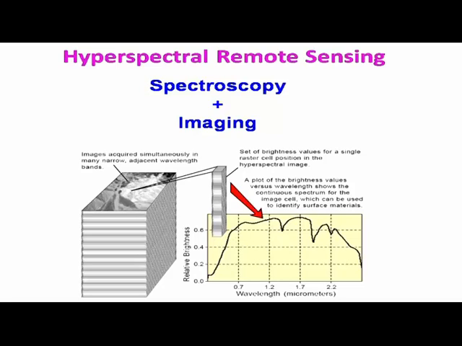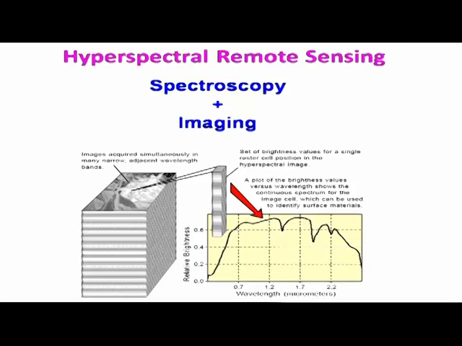So here you have the advantage: you know these absorption features and why these absorptions are there. Based on that you can classify, and you can understand the characteristics of the material. This spectra part comes under hyperspectral spectroscopy, and the other is imaging, spectral imaging, which captures the complete hyperspectral image.